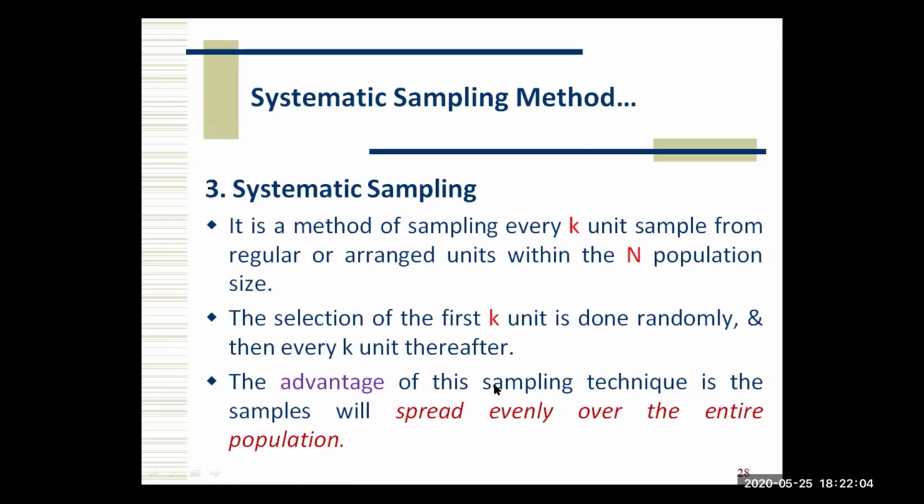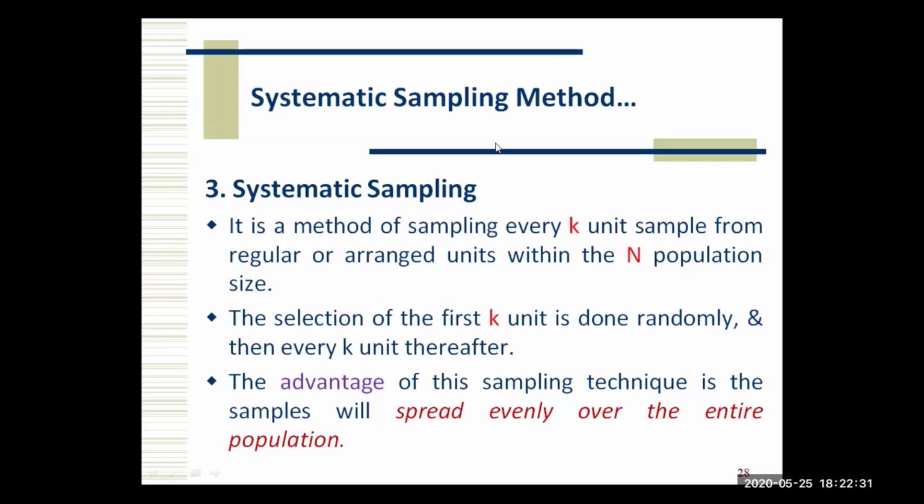The advantage of this sampling technique is it will give you a kind of uniform distribution. You give a specific pattern, select the first unit randomly, and then based on that, you select the required sample until you find all.